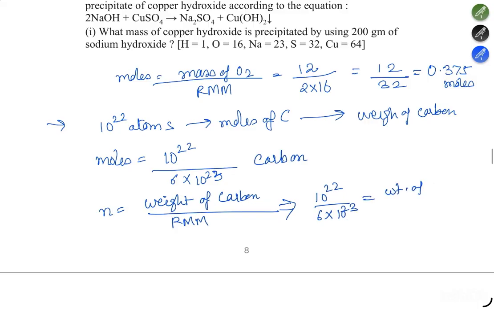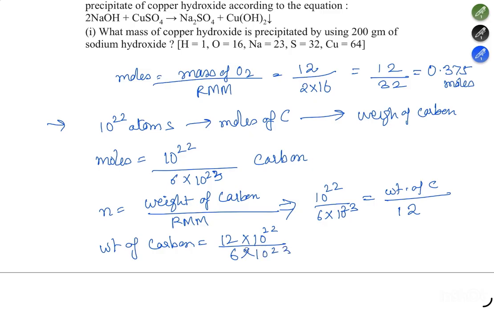The weight of carbon we need to calculate. RMM of carbon is 12. So my weight of carbon will be equal to 12 times 10 raised to the power 22 upon 6 into 10 raised to the power 23. You will cancel, you will get 0.2 gram. So this is the way where in 2 steps you convert into moles and moles into weight.